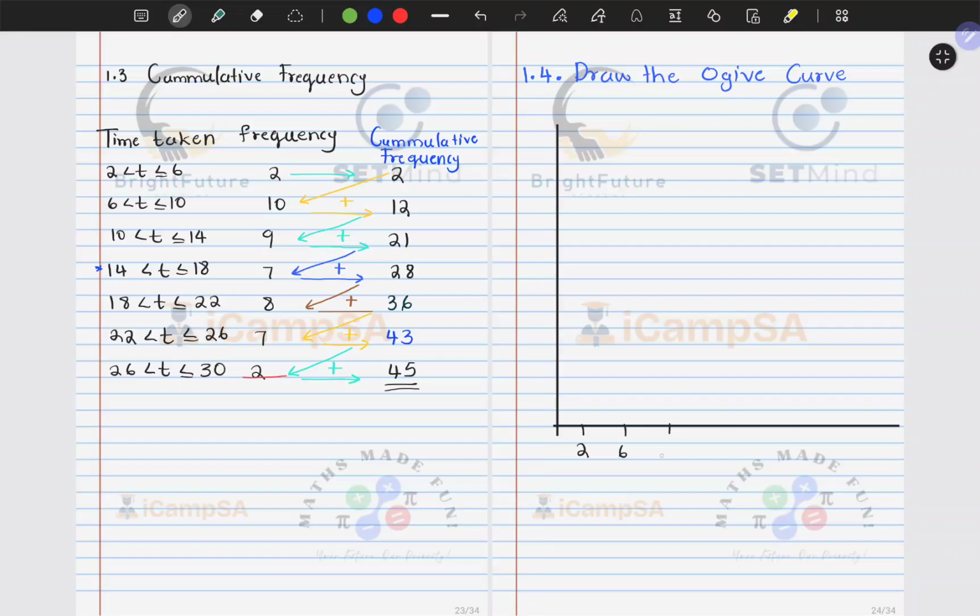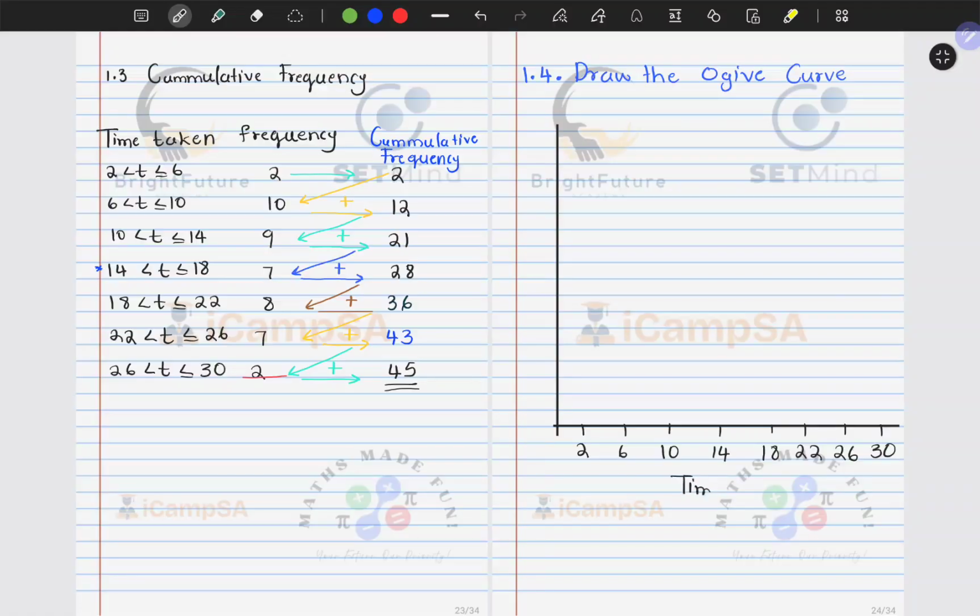And then if you observe carefully, have a 10, then 14, 18, 22, and then 26, and then 30. Okay, so that is what we are going to have.